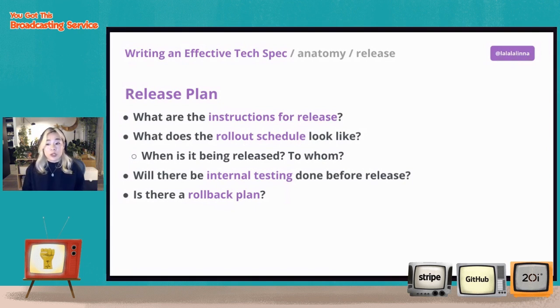We also want to explain what the rollout schedule looks like: when is this thing actually being released, to whom, if you have different variants. It's really important to tell people when things are happening and what is actually going to happen. And you may even have internal testing done before release as well, like if your company can test it before it goes out to the public.